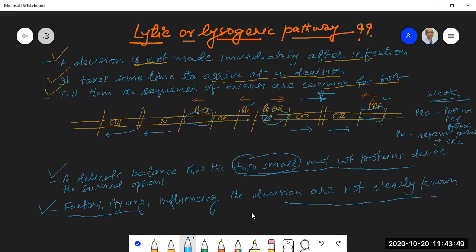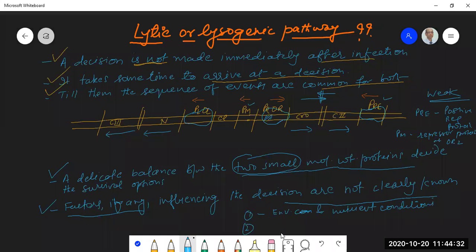I have been telling you, factor number one is environmental and nutrient conditions. Logically speaking, if things are comfortable, environmental condition as well as nutrient supply is adequate, then bacteriophage should go for lytic pathway, should multiply itself and increase its progeny population.